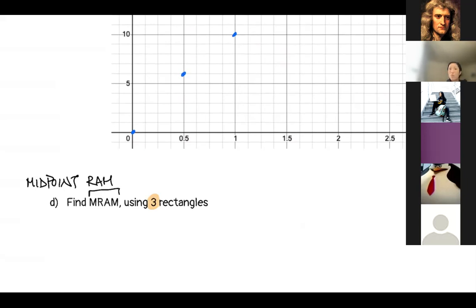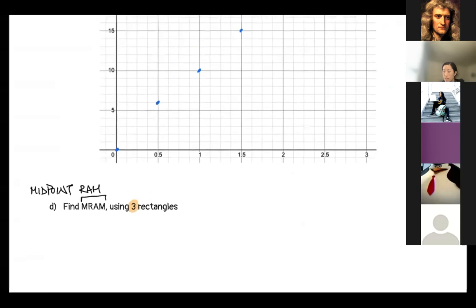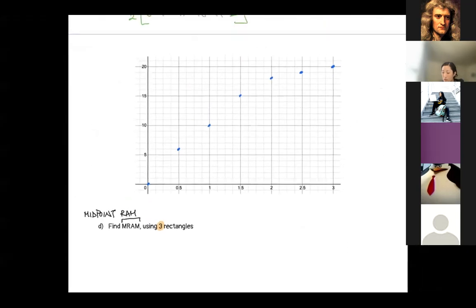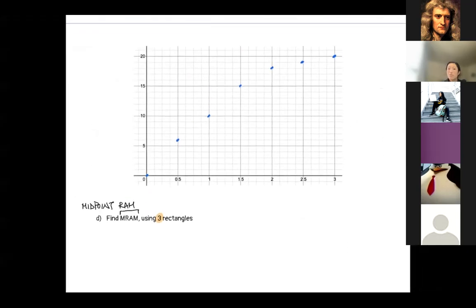Okay, so where might I draw my dividers on the x-axis? Right, and let's get this picture on one screen here, but where would I draw the dividers so that I could have 3 rectangles that all had the same base?